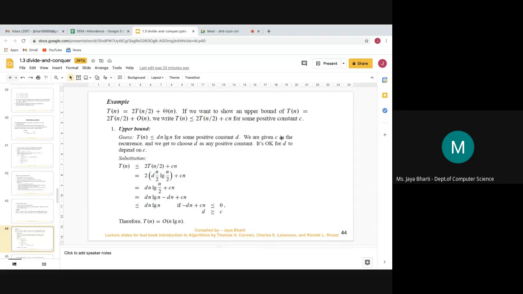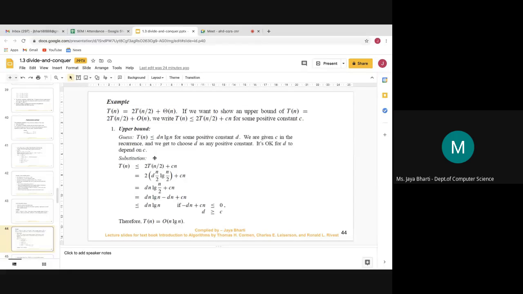So we are given C in the recurrence, and we get to choose d as any positive constant, and it's okay for d to depend on C. Because C we have already defined, it is in the recurrence function only. You can see T(n) is less than or equal to 2T(n/2) plus Cn. So if you are taking the T(n) value which has some constant d, it is possible that d will depend on the C value.